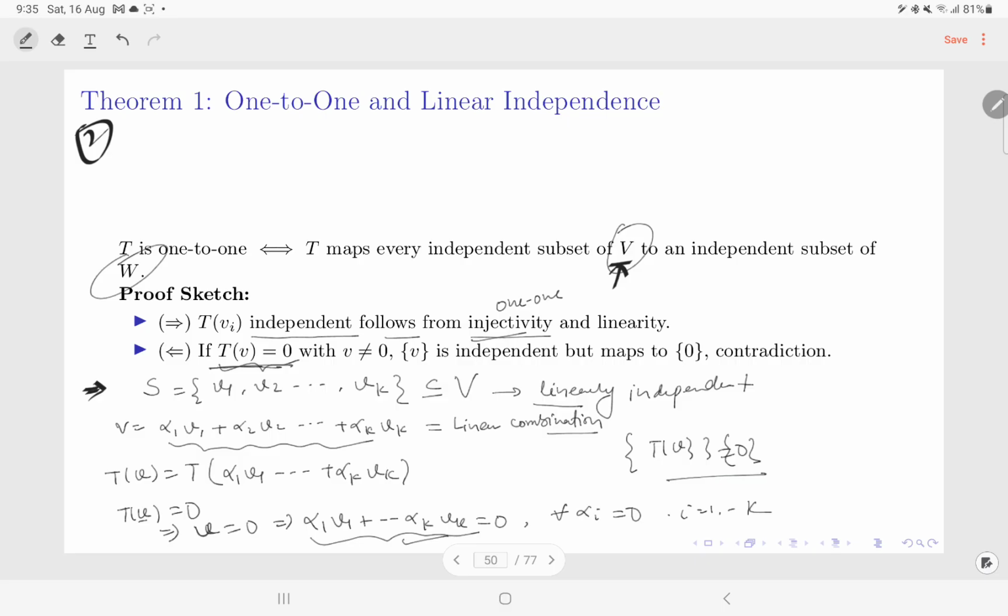That means v has to be 0, which implies the nullity of T has to be the zero set. And when this is proved, that means T is 1-1.